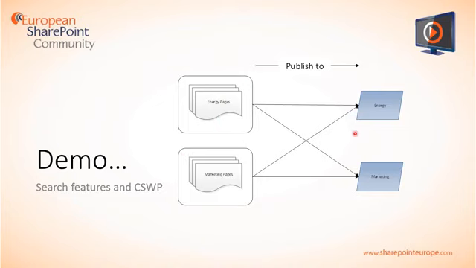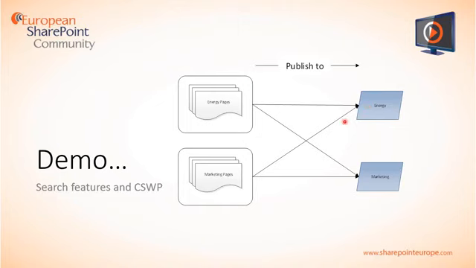From the publishing side, as the end user, I created two pages, one called energy and one called marketing. The energy page is displaying any news articles that have been published to energy, or where the user has selected energy as a target destination for publishing.